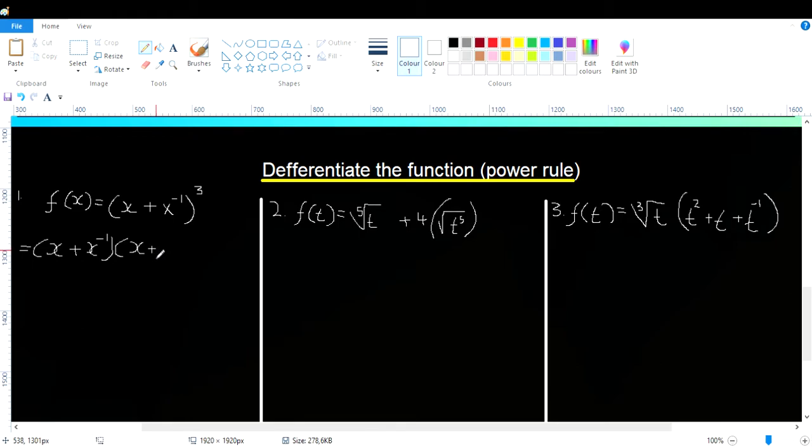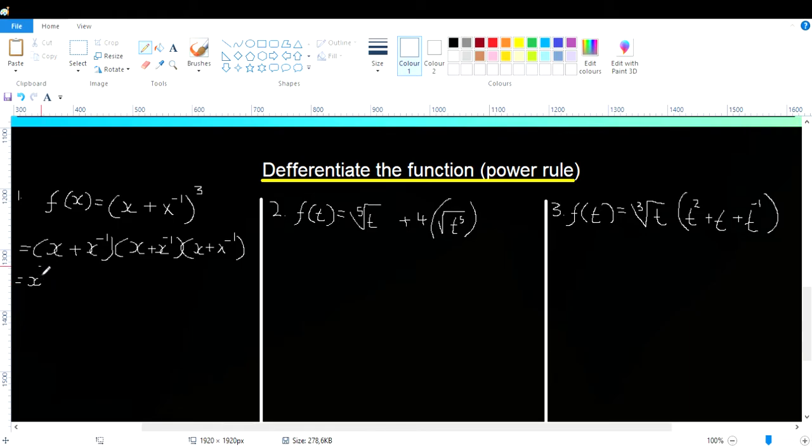Plus x plus x to the power minus 1. Then let's multiply. x times x is equal to x squared.